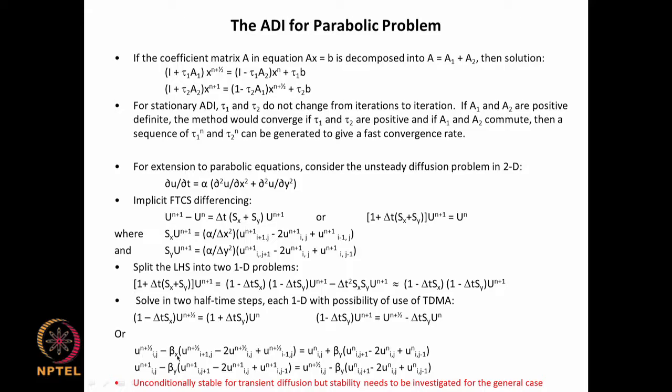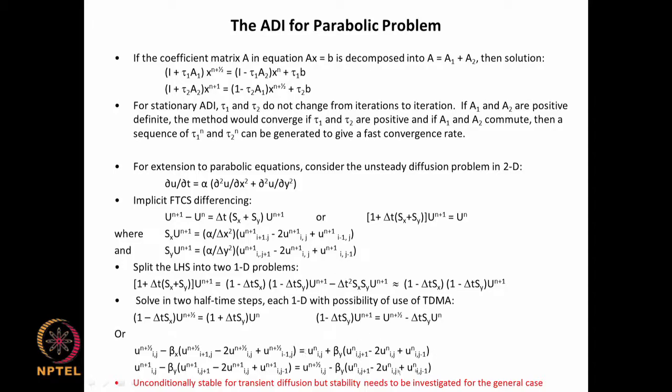So, this is minus beta x times u^(n+1/2)(i+1, j) minus 2 u^(n+1/2)(i, j) plus u^(n+1/2)(i-1, j) equal to u^n(i, j) plus beta y times u^n(i, j+1) minus 2 u^n(i, j) plus u^n(i, j-1). So, this is the term that is coming here, and this is already known from the previous value.